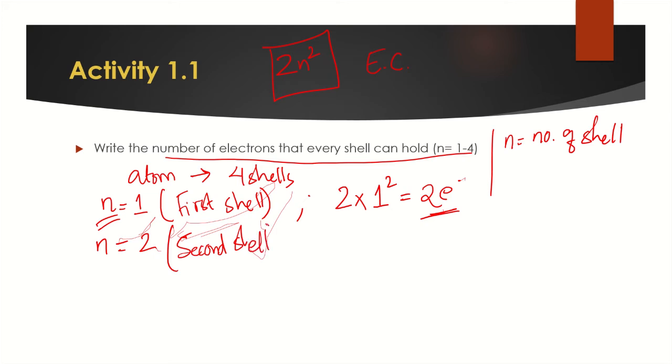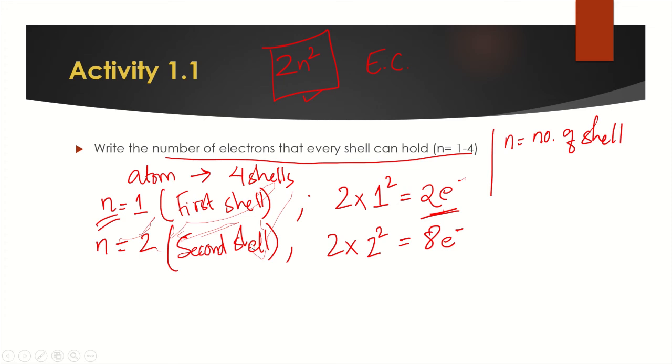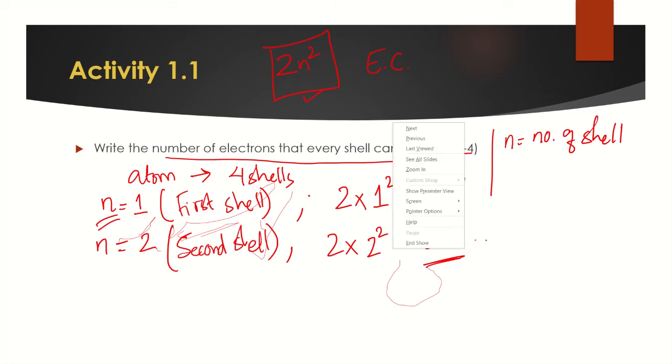By following this rule, we get 2 into 2 square. 2 square is equal to 4. 4 times 2 is equal to 8 electrons. So the second shell can hold up to 8 electrons.